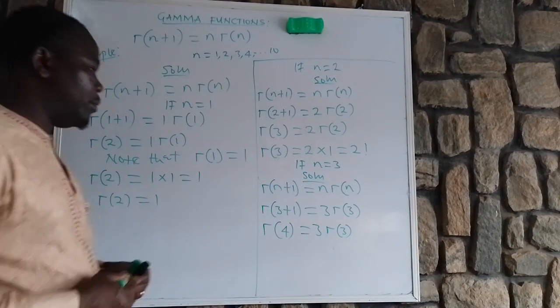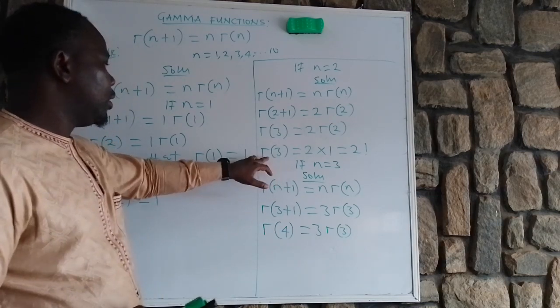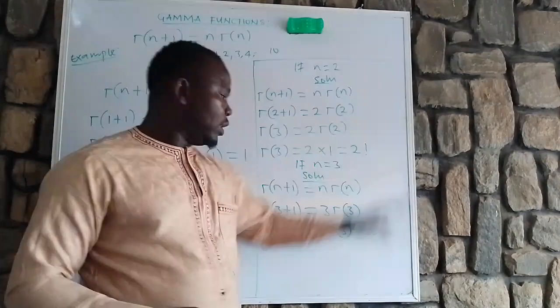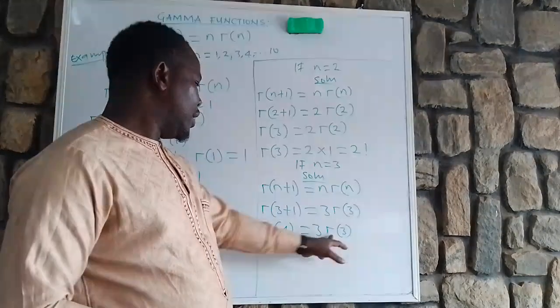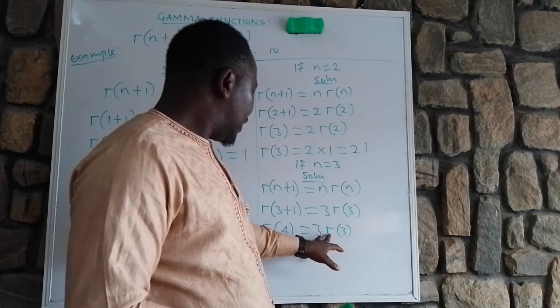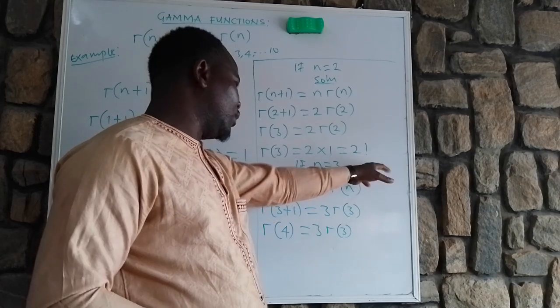Now, let's go back to this one that we just finished solving. Look at it. Gamma of 3 gives us what? 2 factorial. So look at the right hand side. We have 3 gamma of 3. True or false? So instead of gamma of 3, we will write 2 factorial.